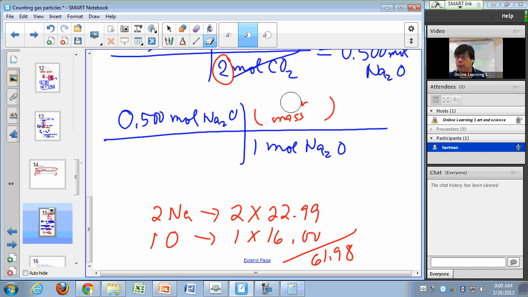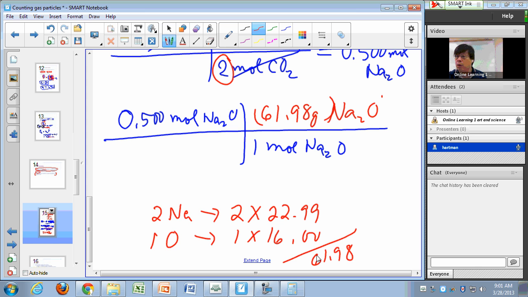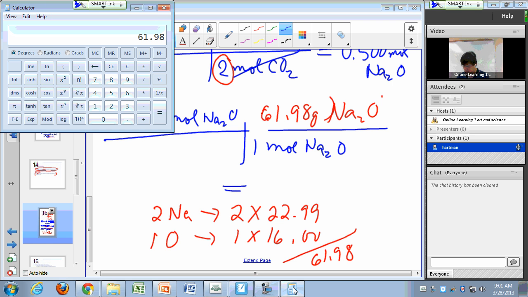So this would be 61.98 grams of Na2O per mole of Na2O. And so that should give me an answer of half of 61.98. So 61.98 times 0.5, 30.99 grams.